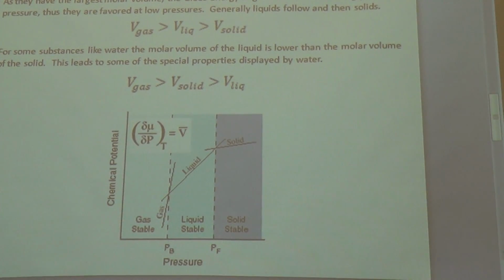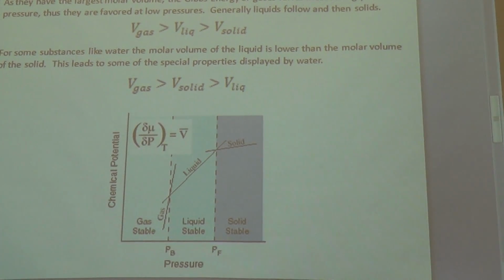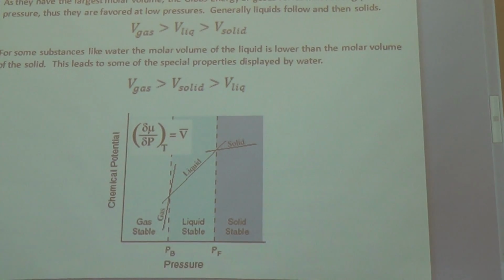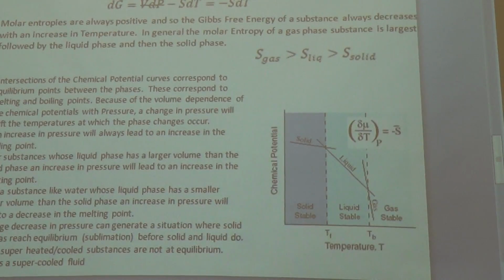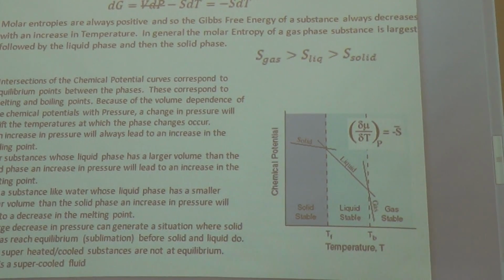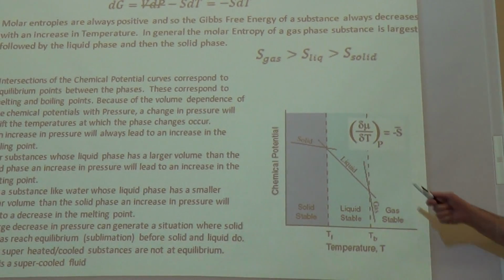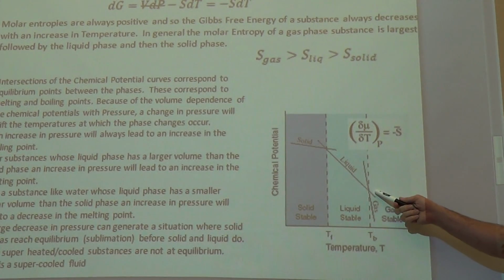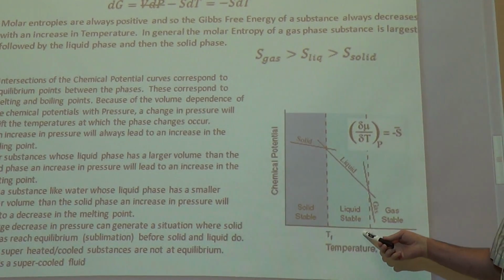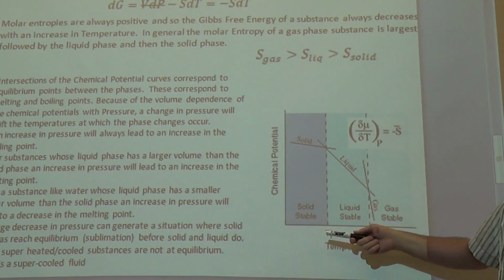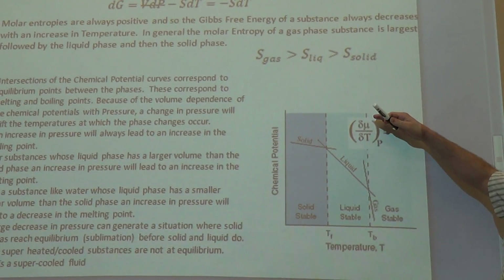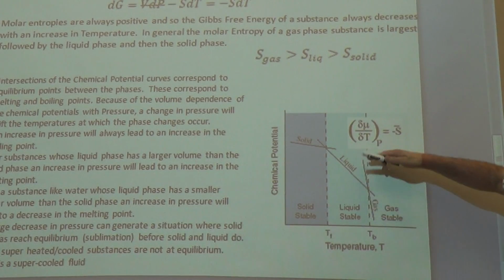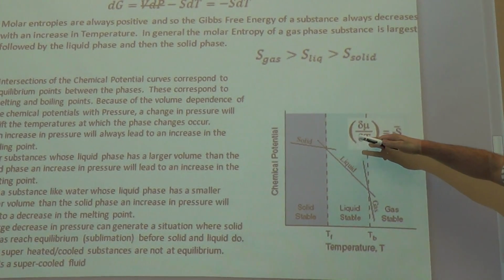And then we also showed that if you take a given point on one of these equilibria curves, I think it was this one that we used, holding temperature constant and increasing the pressure will end up increasing the Gibbs free energies of these phases differently, right?